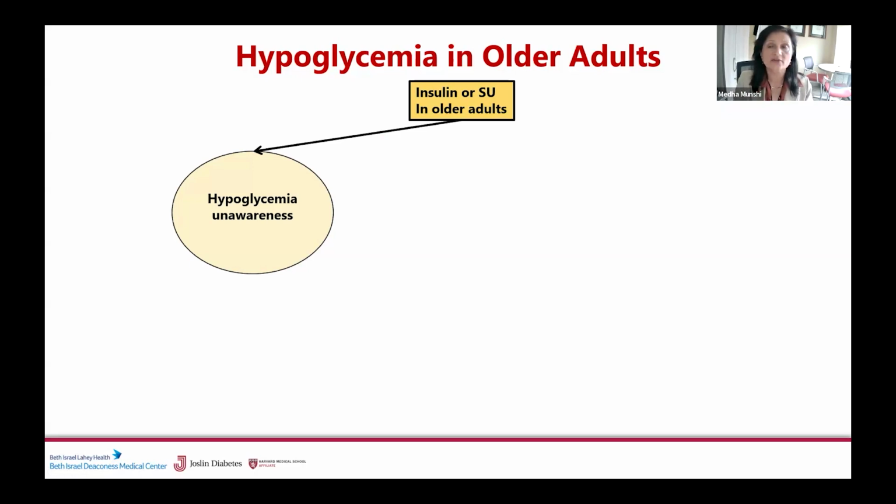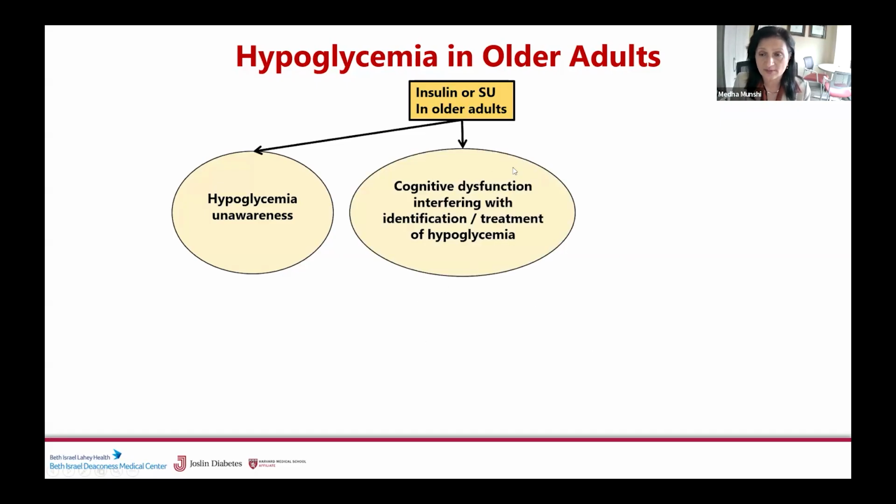In fact, they can go directly to neuroglycopenia, where the brain has low blood sugar. They may feel confused, tired, or weak, and so they don't recognize hypoglycemia. We have shown in multiple studies that cognitive dysfunction is present in about one third of the patients coming to Joslin Clinic. These are community-living, very healthy individuals, one third of them.